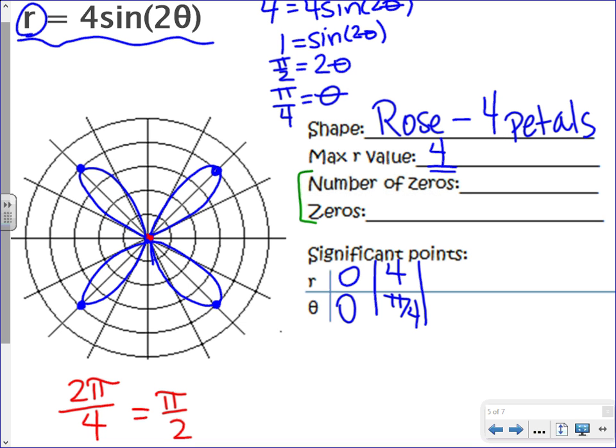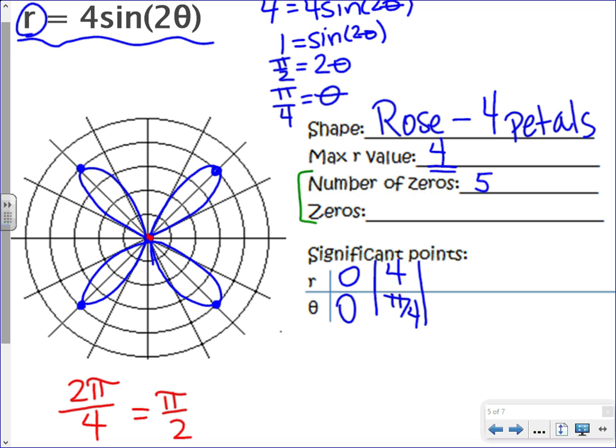How many times did we hit the pole? But we do count the starting point. So we start at the pole, that's 1, and then we draw 4 petals. So there are 5 zeros. If we start at the pole, there's going to be an extra 0. That's going to happen.